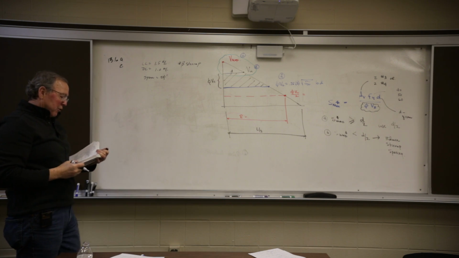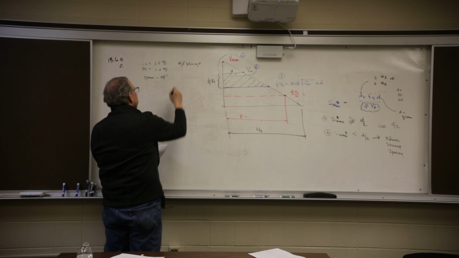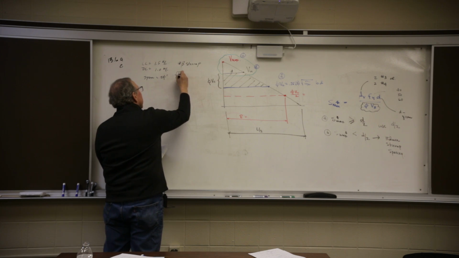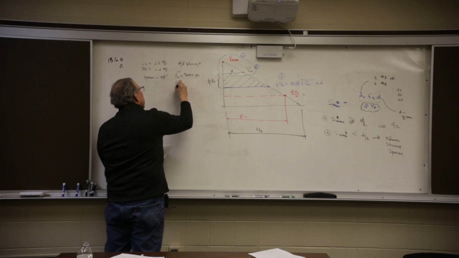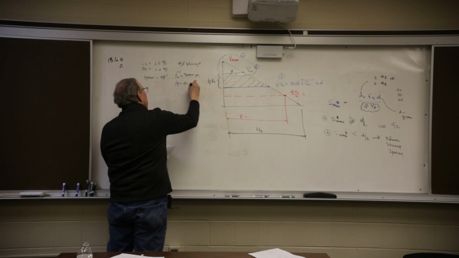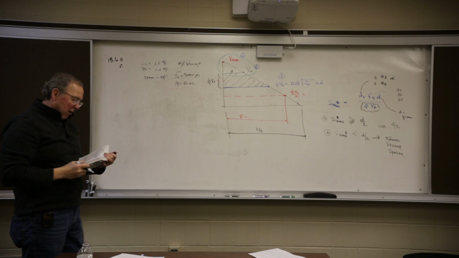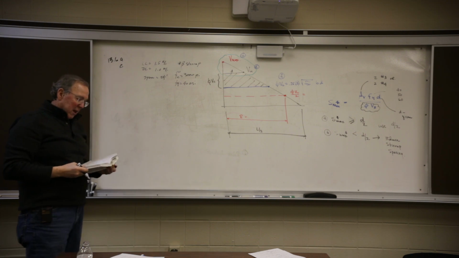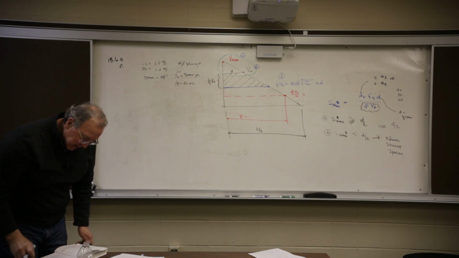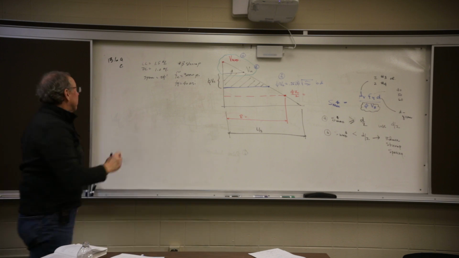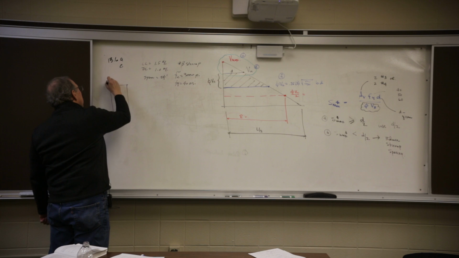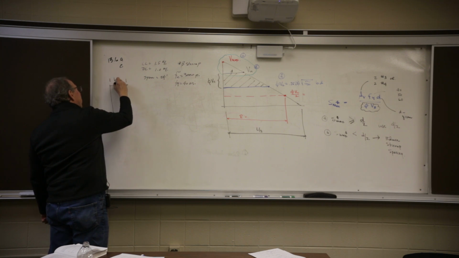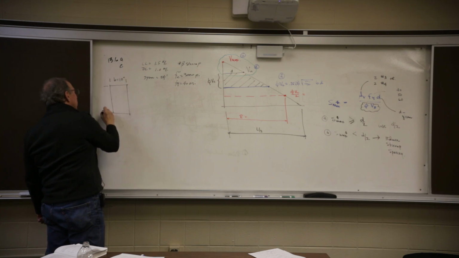And I've got concrete and steel of 3,000 PSI, 40 KSI. And the beam itself has physical dimensions B of 12 and D effective of 26. So I got a beam right here. B of 12 and D of 26.